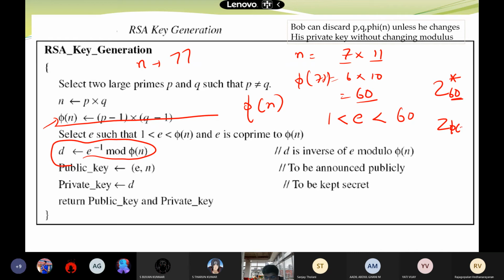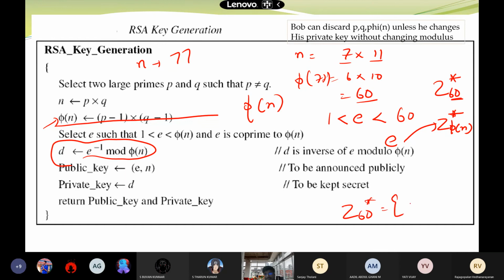Z phi of N star. So I need to choose E among this set such that it is co-prime, and a value greater than 1 because I don't want the key to be 1. So choose the exponent such that it is less than 60 and relatively prime to phi of N. Can you tell me what will be Z60 star?